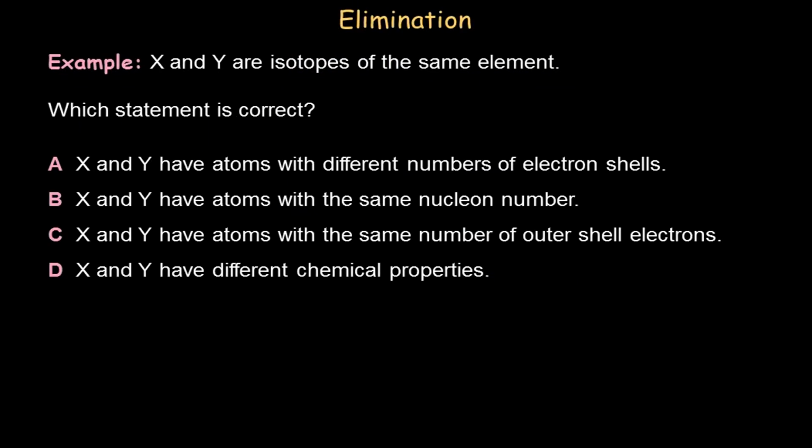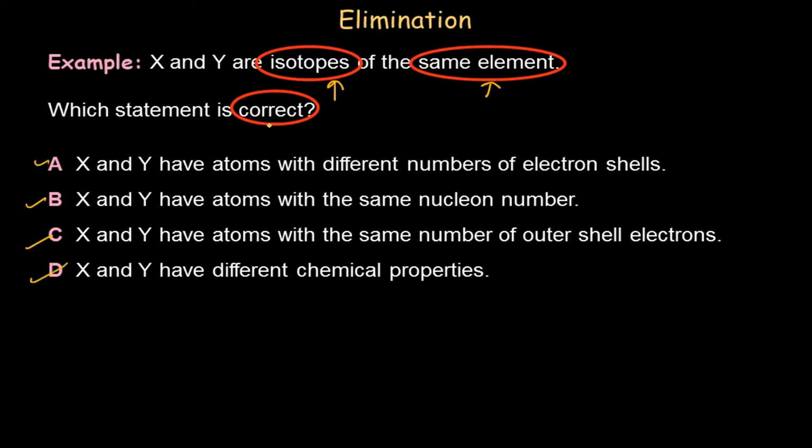So now let's see what an elimination method is, to find the answers in MCQs, with an example. Here the example says that X and Y are the isotopes of the same element. Which statement is correct? Now in this question we have keywords: X and Y are isotopes of the same element, and from all these statements you have to find out which statement is correct.